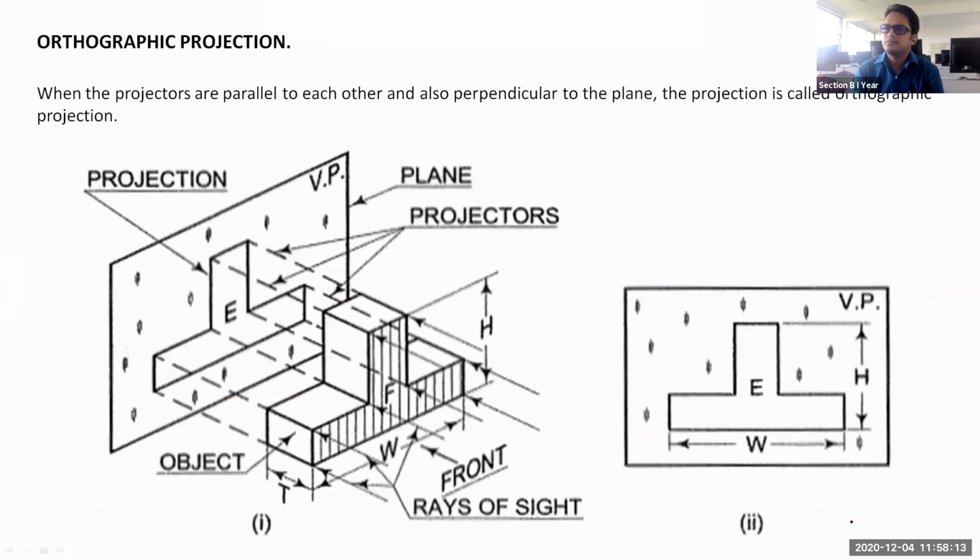Now, a few basic examples I have taken on the slide. This is one simple object of T shape. You can see these lines are perpendicular. I'm trying to make this line as straight as I can, but pardon me if it is not completely straight.